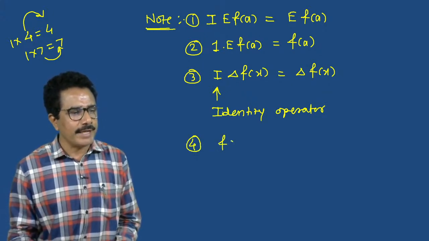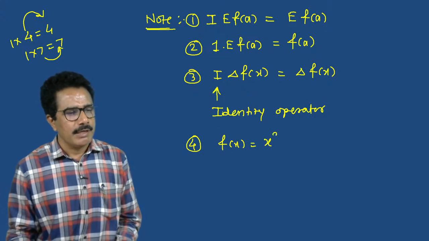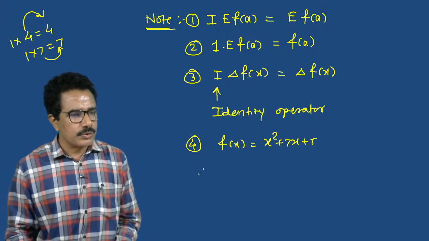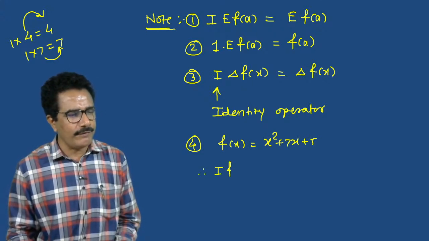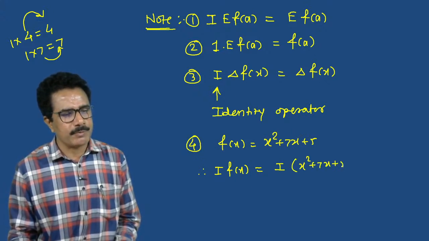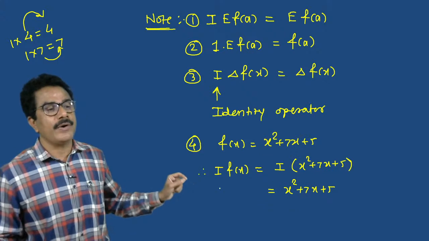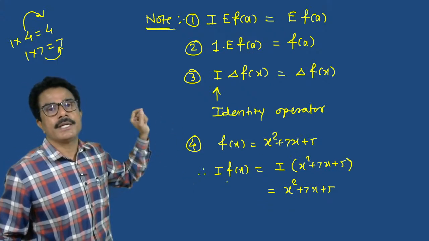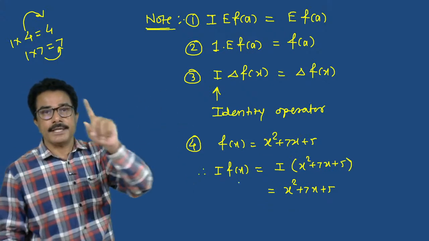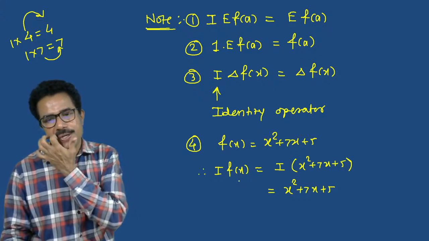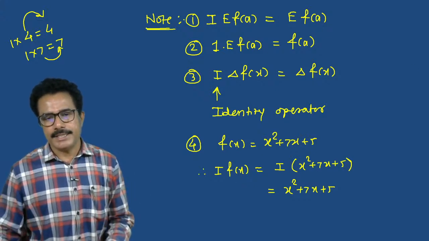If f of x is equals to x square plus 7x plus 5, so therefore I of f of x which is equals to I of x square plus 7x plus 5 which gives x square plus 7x plus 5. So I is called unity operator or identity operator. Remember this.